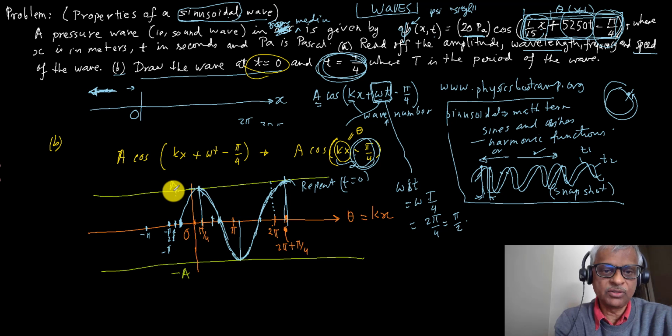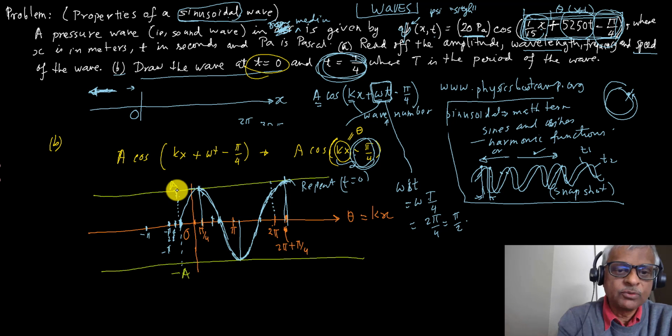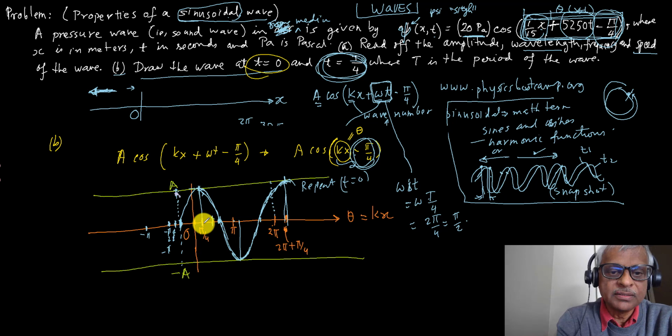This top will move to where the 0 was, because of pi over 2. The 0 will be down here, and where the 0 was is going to be the maximum.